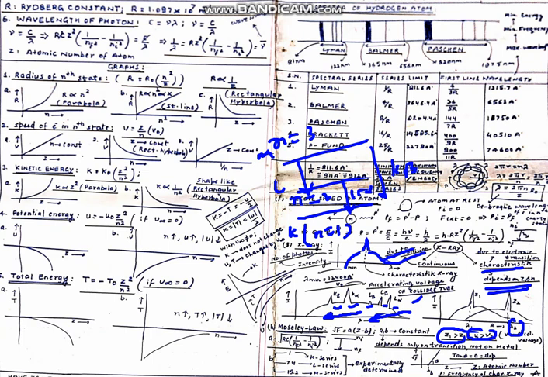Then there is Moseley's law, which is about the frequency of the X-ray emitted. It says root f is A(Z minus b), where A and b are constants which depend only on the transition, not on the metal. A is root of R C times 1 by nf square minus 1 by ne square, and b is called the screening constant.